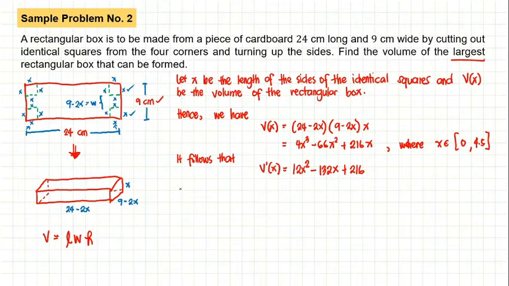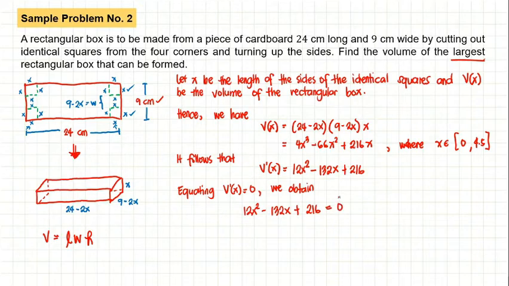So we will equate V prime of x to 0. Equating V prime of x to 0, we obtain 12x squared minus 132x plus 216 equal to 0. Then we will now solve for x.